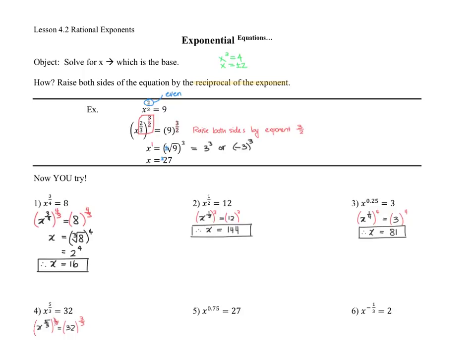On the left side, your exponent is just 1, so you have x isolated. On your right side, you're going to rewrite this as the 5th root of 32 cubed, so rewriting from rational form to radical form. The 5th root of 32 is 2, and then 2 cubed is 8. And again, you don't have to worry about plus minus because the numerator was 5, an odd number, so x equals 8 is the only possible correct answer.